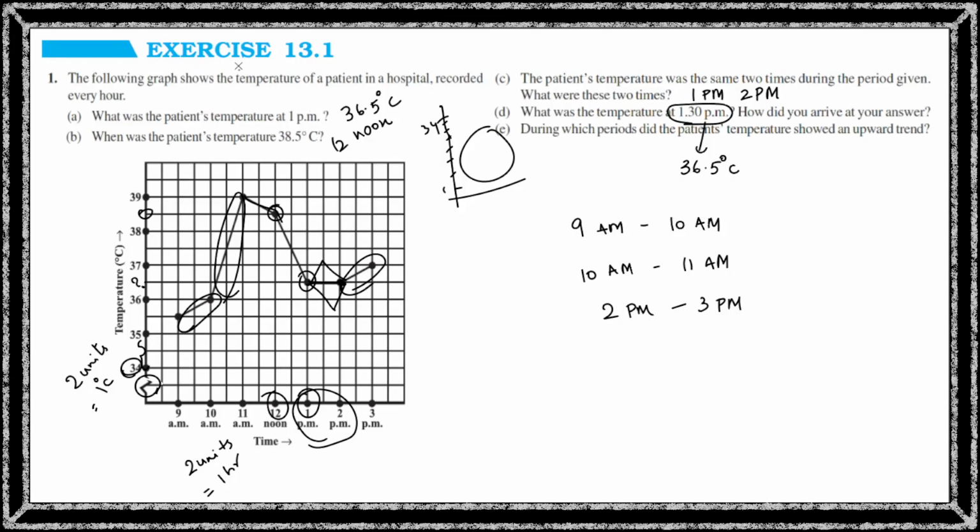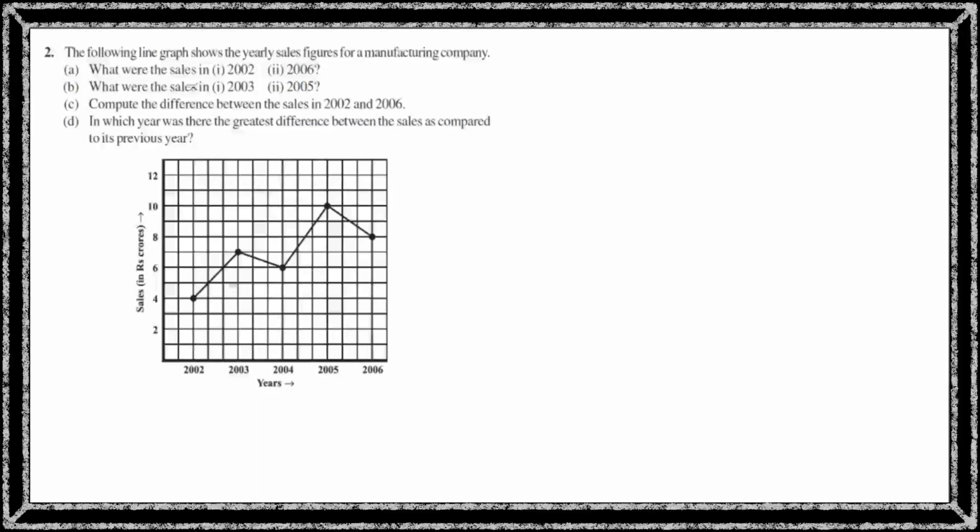So this is about the first question. Let's look at the second question. Here I have yearly sales figures of a manufacturing company. You can see that the x-axis represents the year, starting 2002 to 2006, and the sales are given in crore rupees on the y-axis.